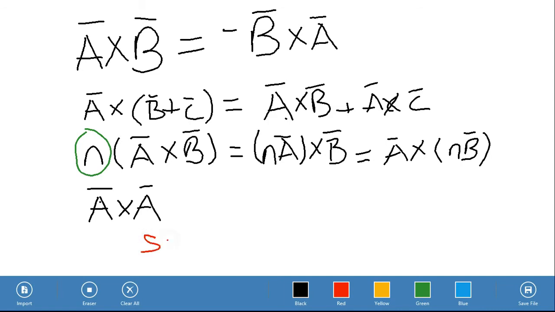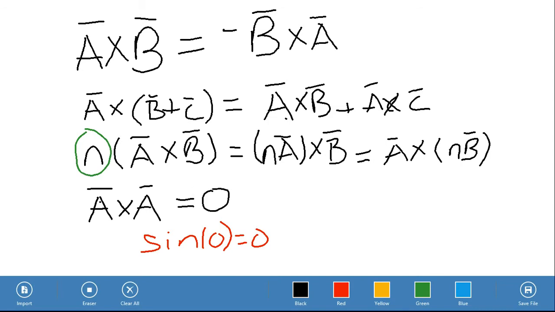If you don't remember, you can derive it or look it up, but sine of 0 equals 0. So anytime we cross a vector with a vector that is either parallel to it or the exact same vector, the result is just going to be 0.